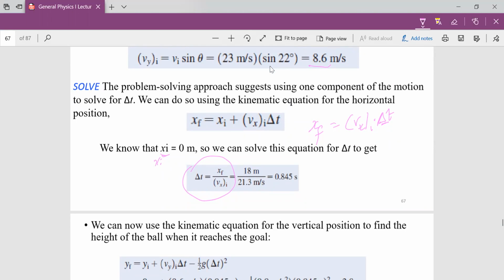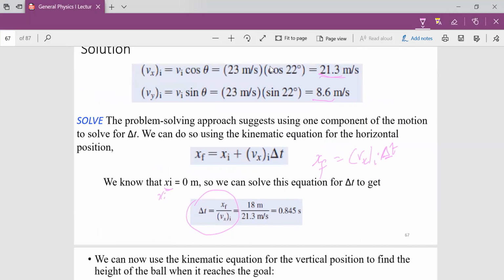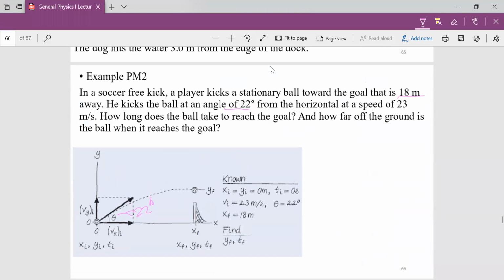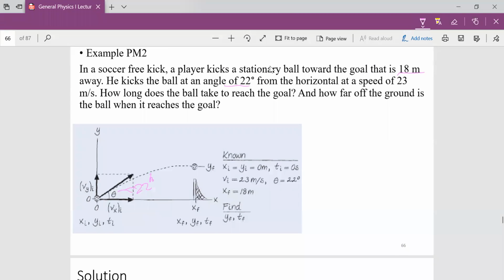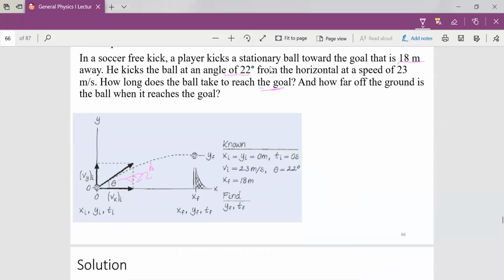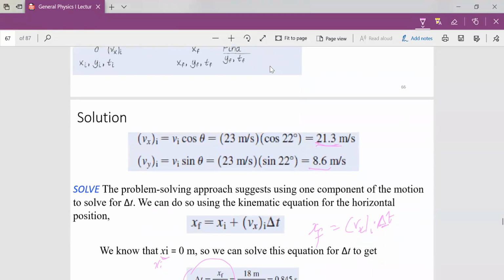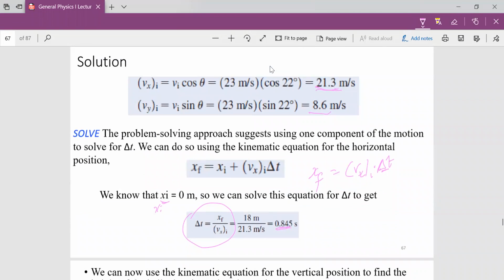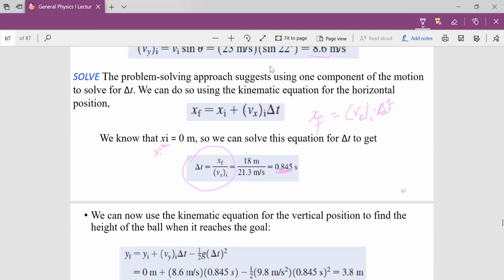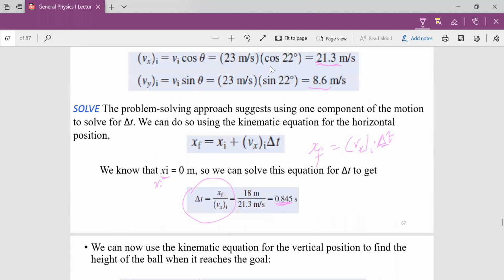And then we'll have our velocity as resolved from this equation. We are able to get the time that the ball will take, which is how long does the ball take to reach the goalpost. We know the distance it is going to cover to the goalpost. We already know the velocity on that axis, so we're able to get the time to be 0.845 seconds.